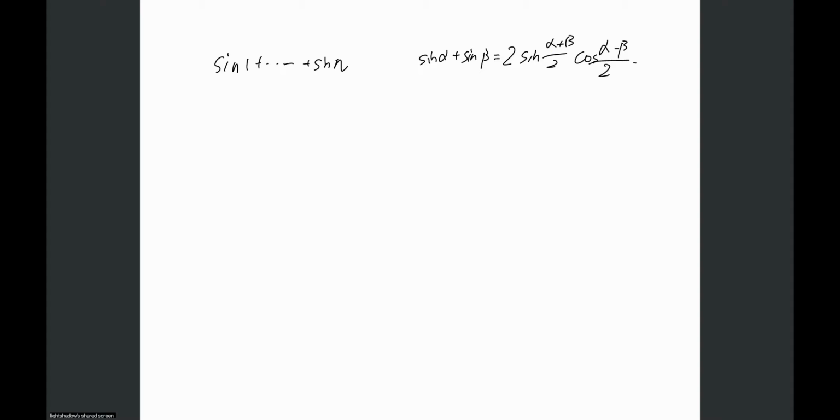Sine alpha plus sine beta equals 1 over 2, 2 times this. So what can we say about this one?